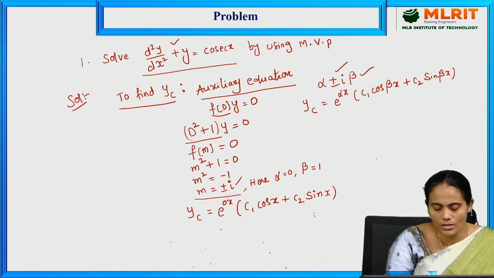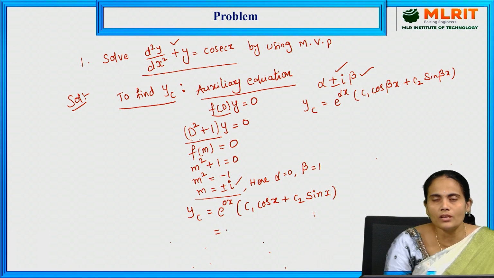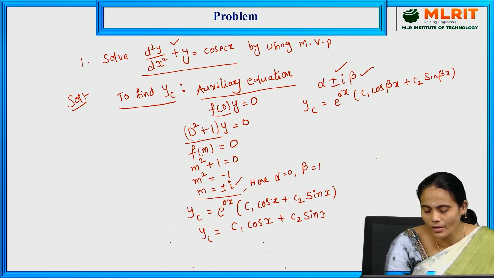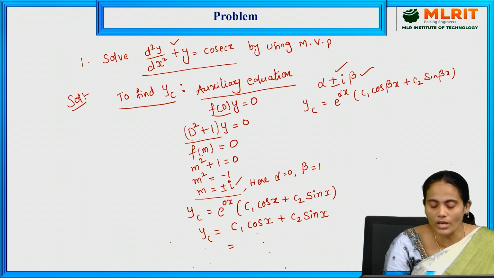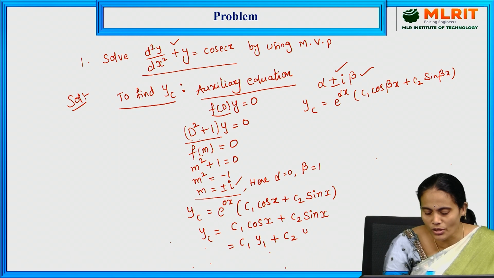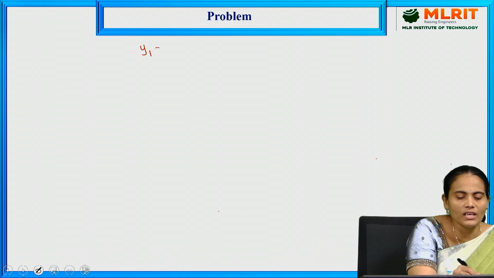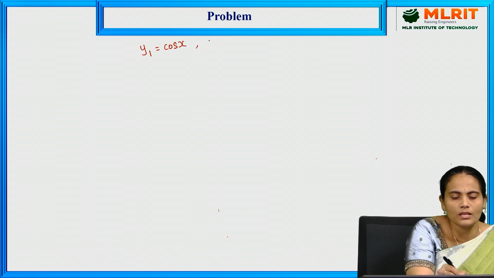Again e power 0x is 1, so yc is equal to c1 cos x plus c2 sin x. Now we assume this as c1 into y1 plus c2 into y2. So y1 is equal to cos x and y2 is equal to sin x.